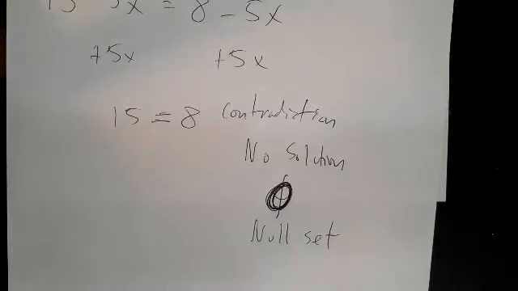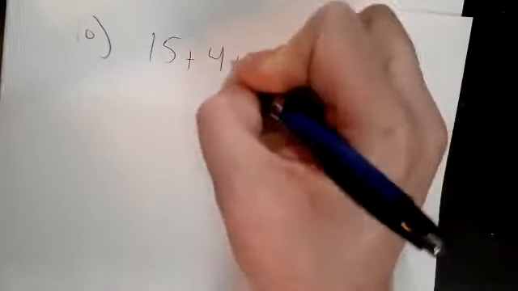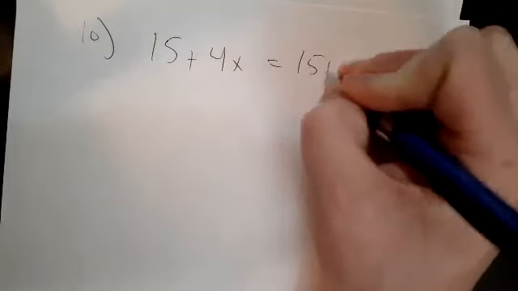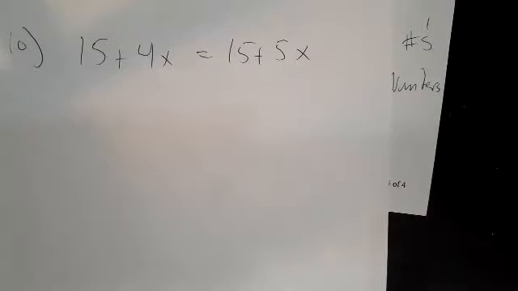So I want to be sure: the null set does not mean 0, right? You can have a solution that is 0. Let's give an example. We have 15 plus 4x and 15 plus 5x.